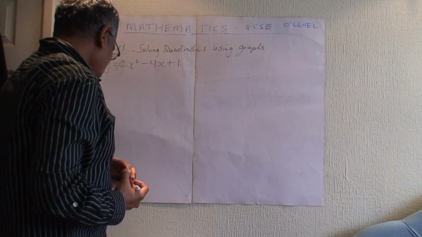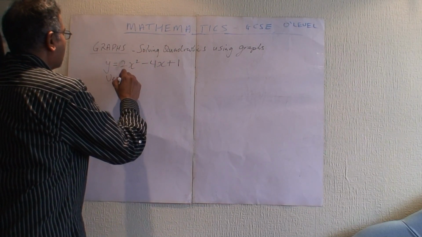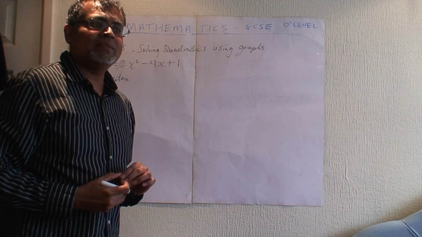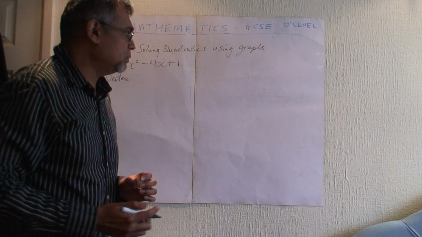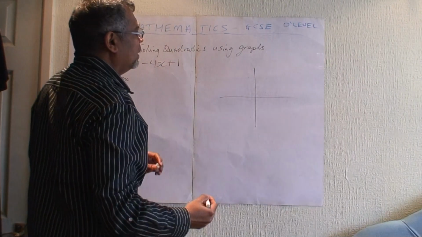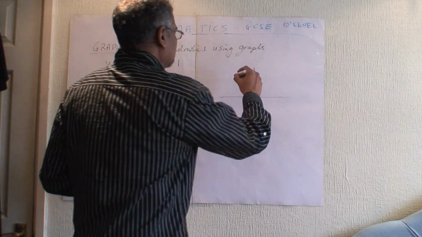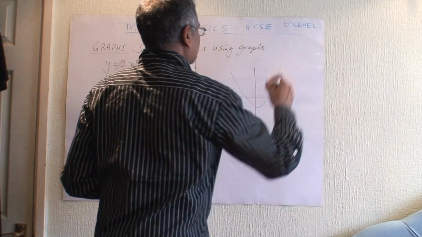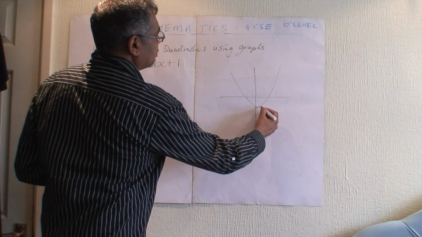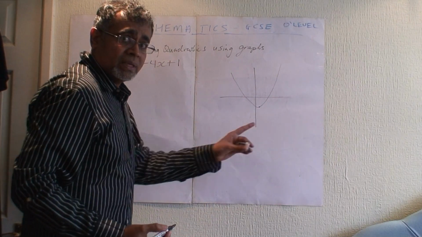Before we can solve it, we need to find the vertex. The vertex is the lowest point on the graph, expressed by the x value. So if we have a graph with a curve on it after we solve it, there's a lowest point here, and we find the x value for that point.